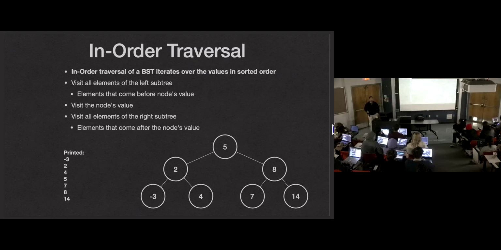A BST says everything to the left is less than, everything to the right is greater than. So if we're visiting everything that's less than, then visiting the node, then visiting everything that's greater than, we're visiting the nodes in sorted order. And this is where in-order traversal starts outshining the other two, at least for our purposes, because we're only going to see BSTs as our big application of it. We're visiting them in exactly sorted order because in-order traversal mirrors exactly the property of a BST.